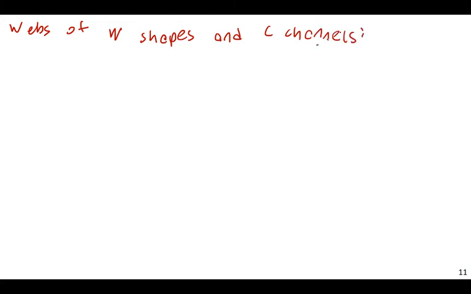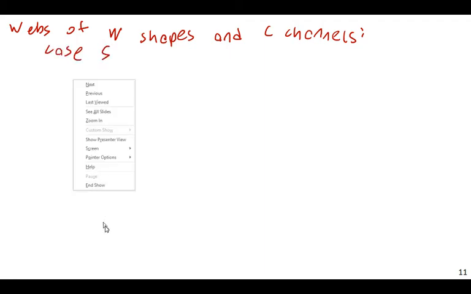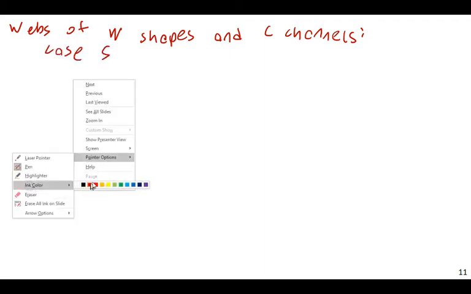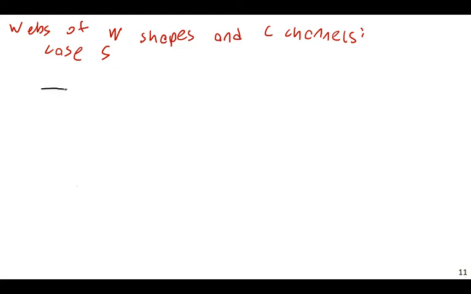If you're looking at, say, the webs of wide flange shapes, W shapes, and C channels, that would be Case 5. I can draw these again, a W shape and a C channel.